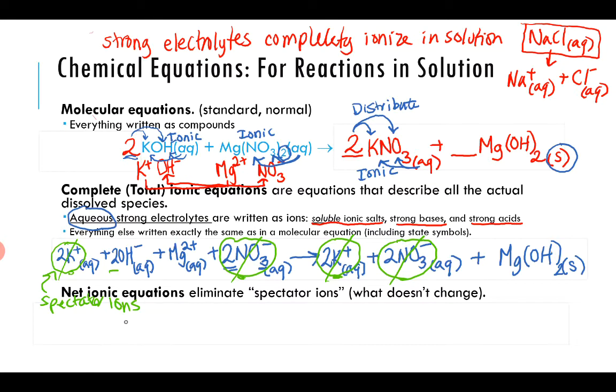And so my magnesium 2+ cations that are aqueous, and my 2 aqueous hydroxide anions turned into magnesium oxide solid.